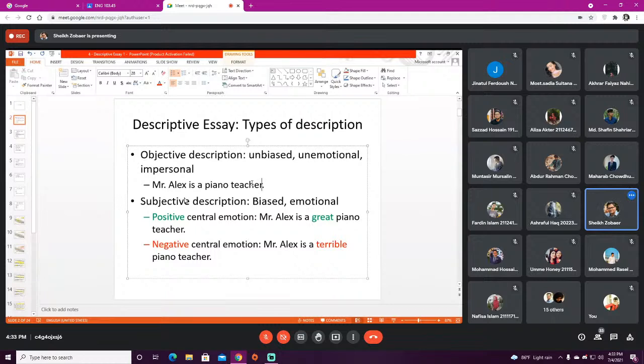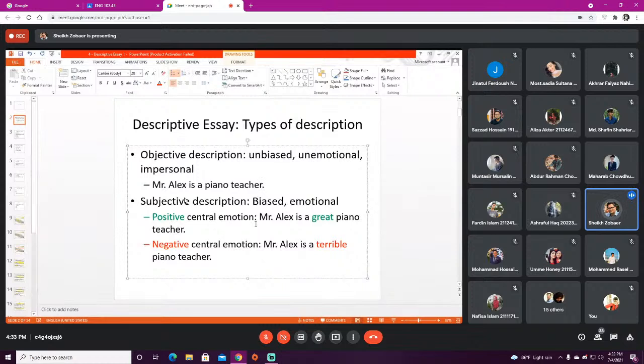All right. But when it comes to subjective description, that's when your opinion matters. Because with subjective description, you give your own opinion. Okay, you show your attitude. For example, if the central emotion is positive, we would say Mr. Alex is a very good piano teacher. If it is negative, you would say he is not a very good piano teacher.